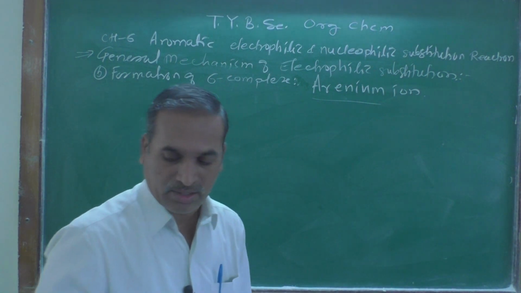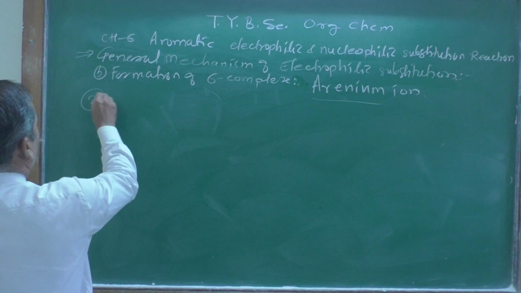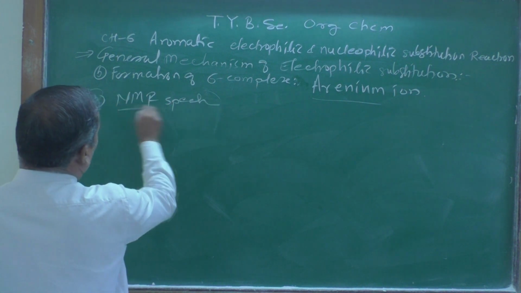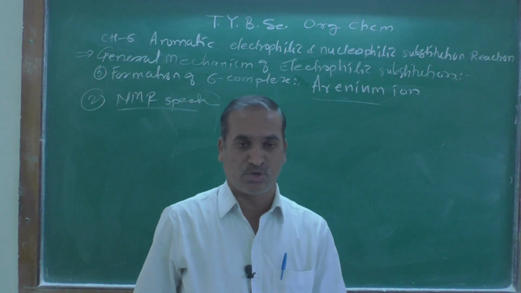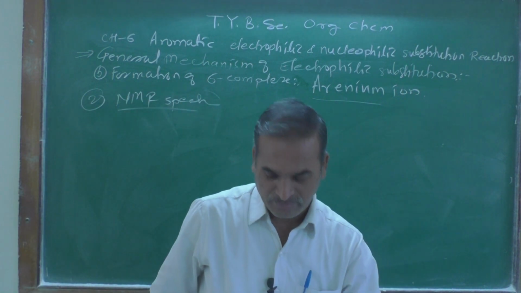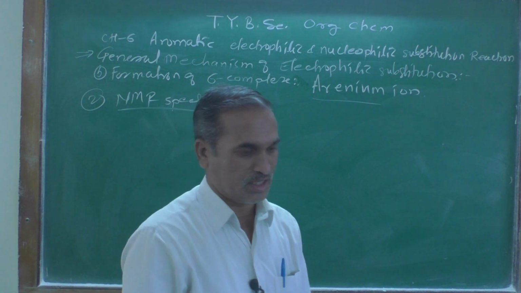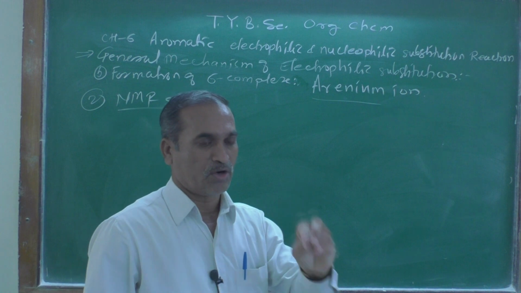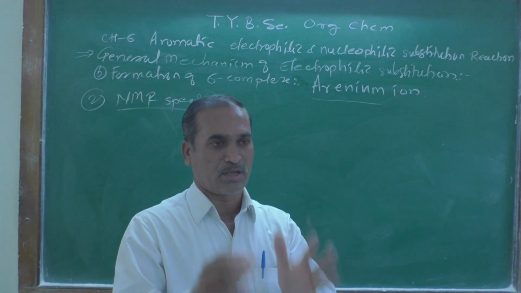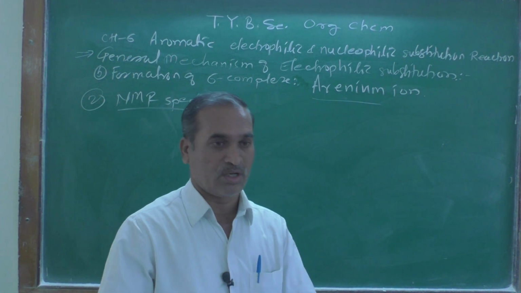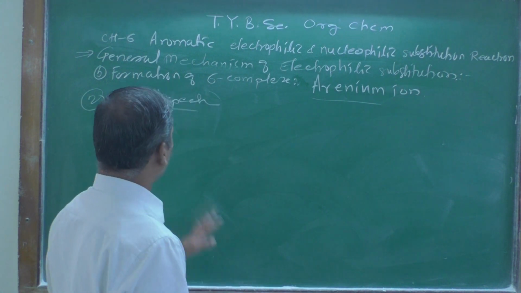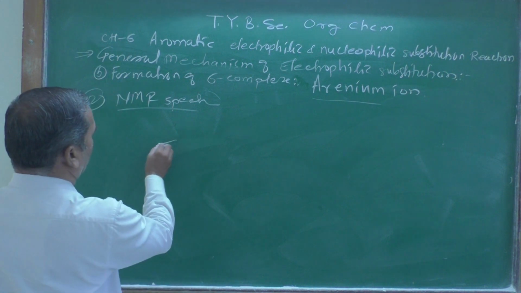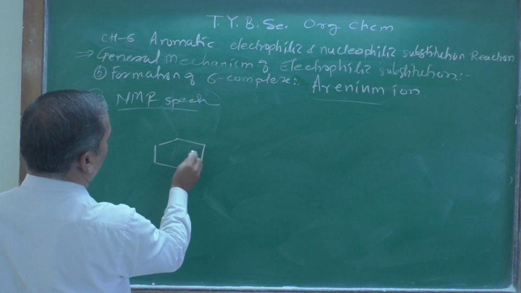The second one is detected by NMR, nuclear magnetic resonance, which we are going to learn in the next semester. It is a very good modern technique for the determination of the structure of unknown organic compounds. So we will see that, but here we are just going to prove the existence of that.